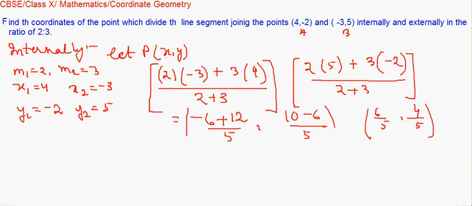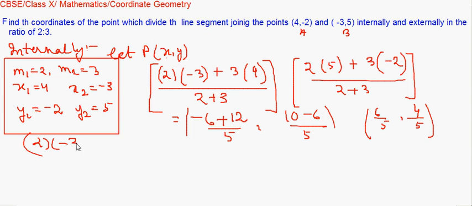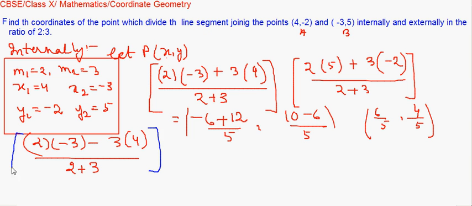So the values for the M1, M2, X1, X2, they all remain the same. We'll just be substituting it in the external dividing formula, which is 2 into minus 3 minus 3 into 4 by 2 plus 3. This is giving the x coordinate when it is externally dividing. And let me just make some space and write it here.